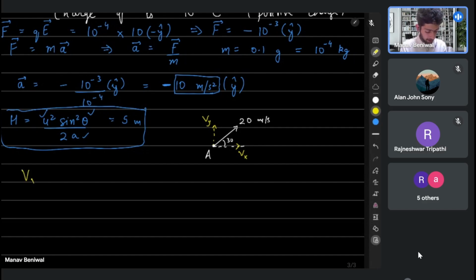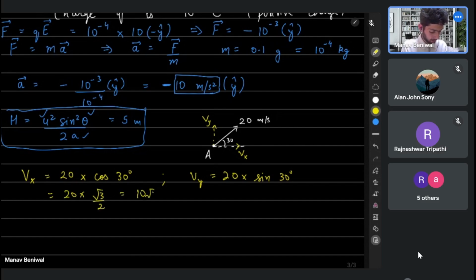Clearly Vx is 20 into cos 30 degrees, and Vy will be 20 into sine 30 degrees. So this is nothing but 20 into root 3 by 2, which is 10 root 3, and this is 20 into 1 by 2, which is 10.